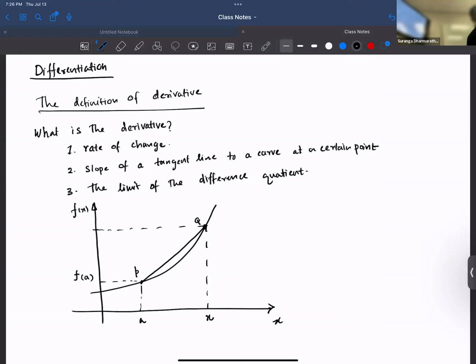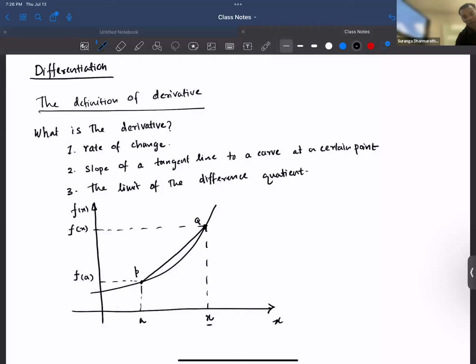Somebody answer for that one? This is the x value. Any x value. What is the value here? F of x, right? X could be anything. F of x. Does that make sense? This x could be A or B or C or something, right? Which is different than A.